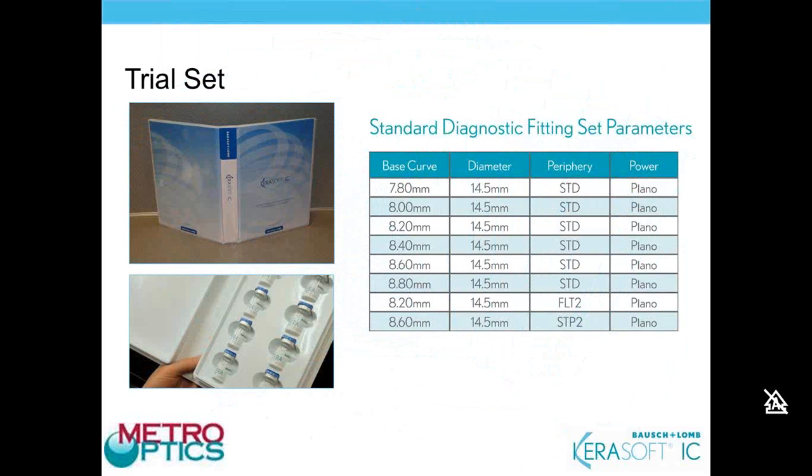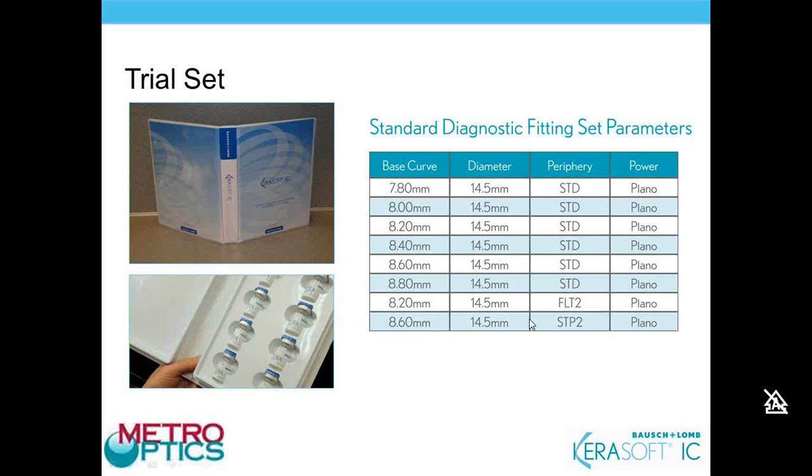The reason I'm bringing this up is because we have the last 2 lenses, which are these unique lenses for those different corneal shapes that you encounter. So remember, I was talking about the reverse geometry type of lens that you can create with the KeraSoft. Well, in the fitting set, you actually do have a reverse geometry lens that you can use.